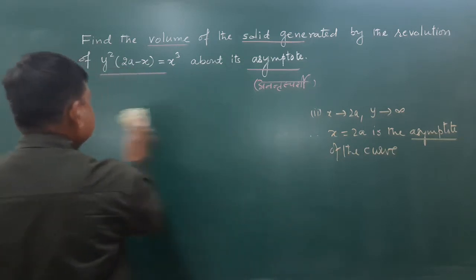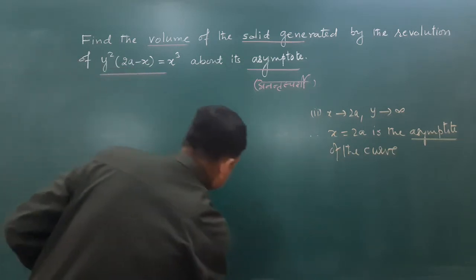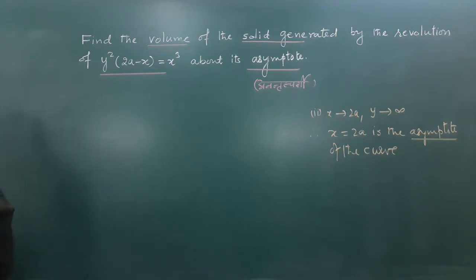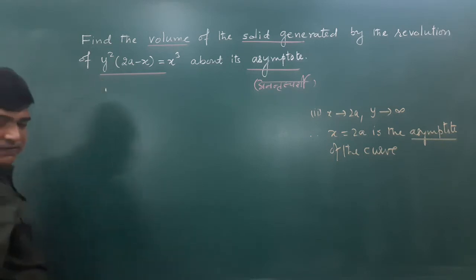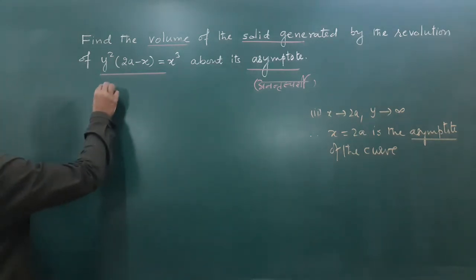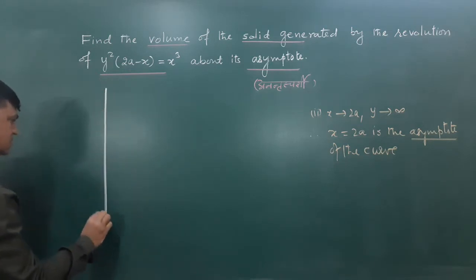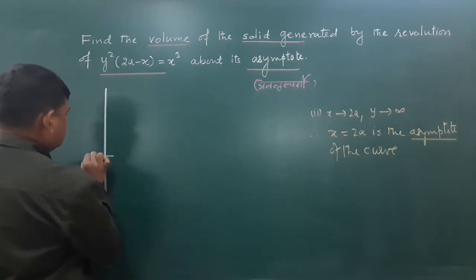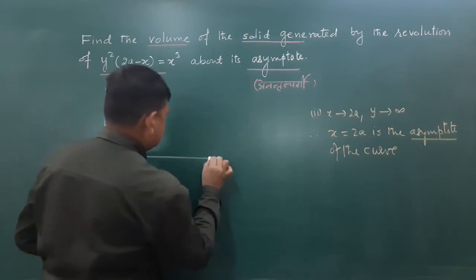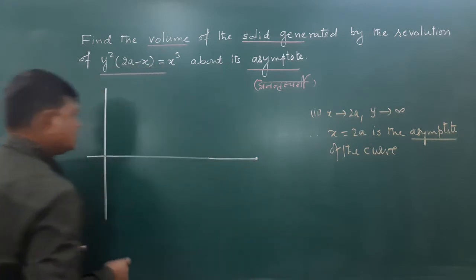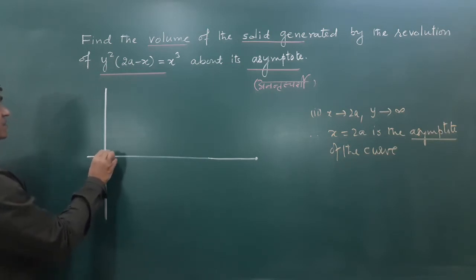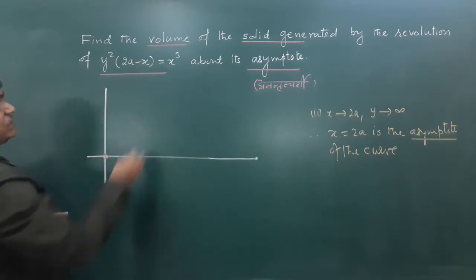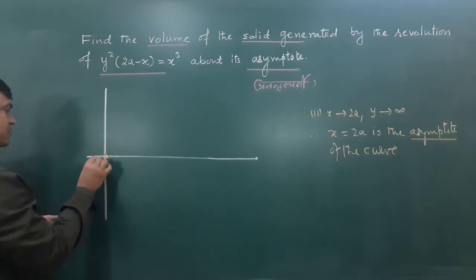Now we trace the curve. X equals to 0, when x is 0, y is also 0, so it passes through the origin.